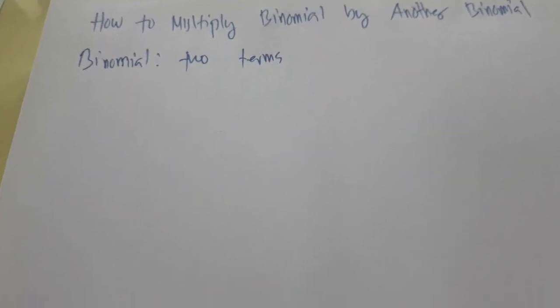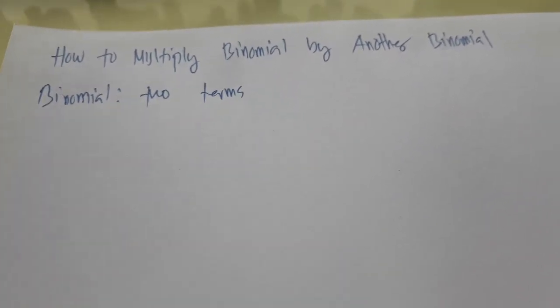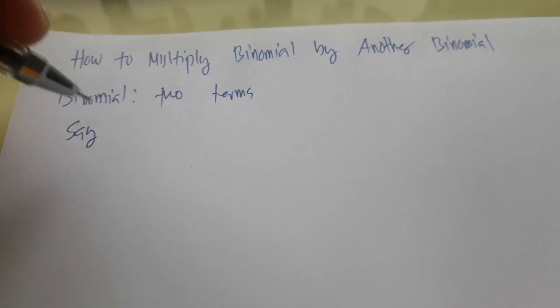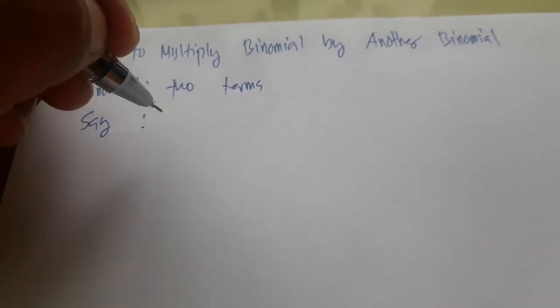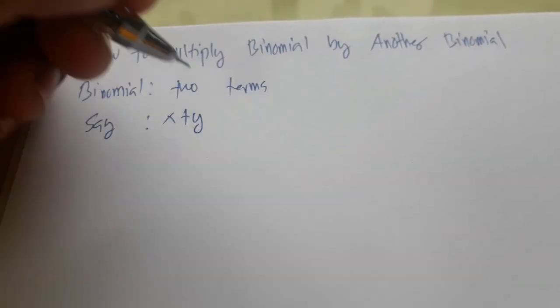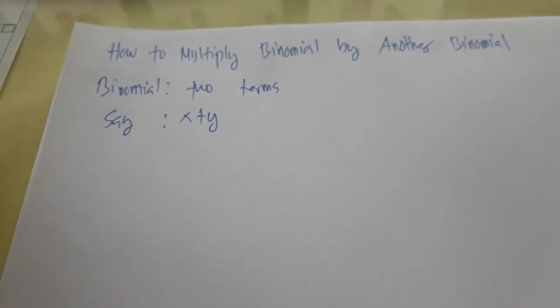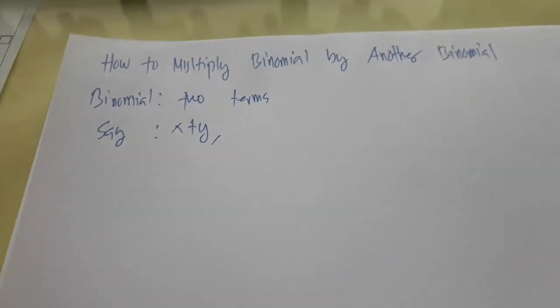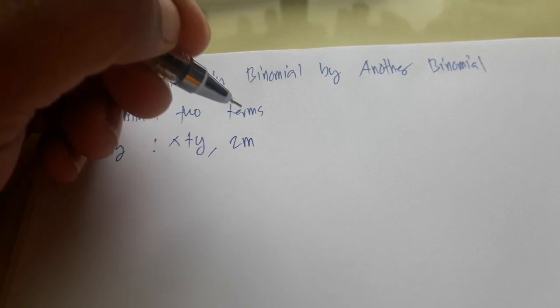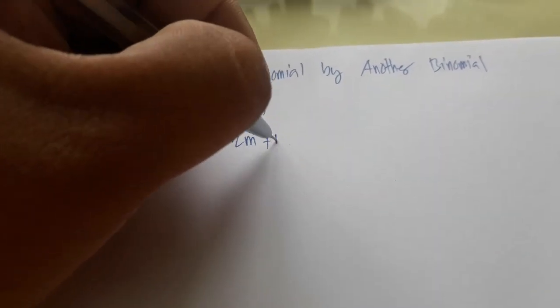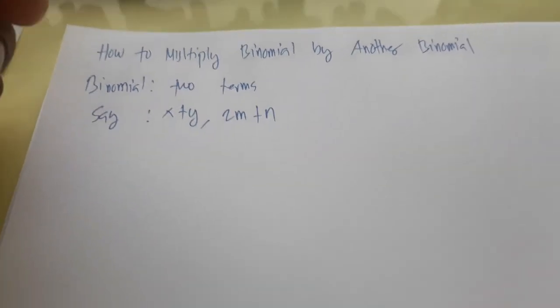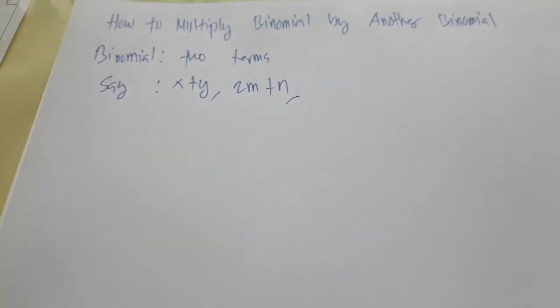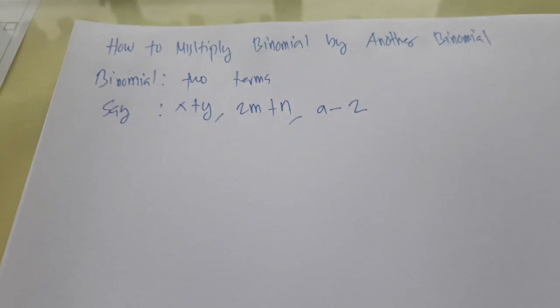Say, for example, our first binomial is x plus y, or maybe we can have 2m plus n, or perhaps, for the sake of presentation, we have a minus 2.